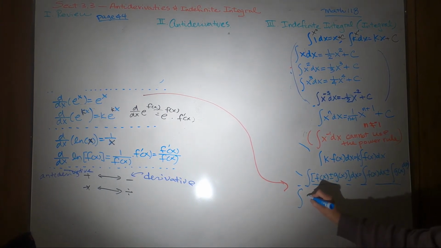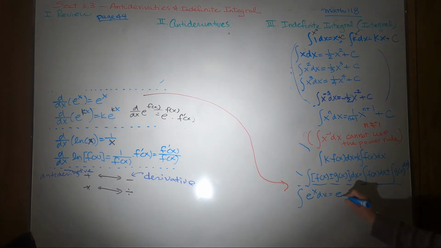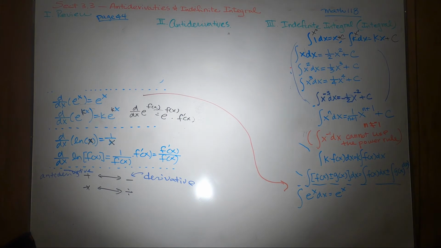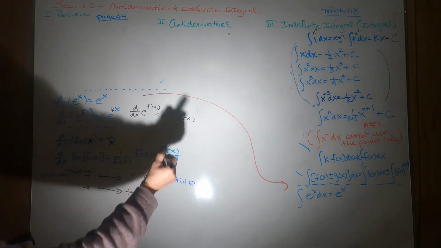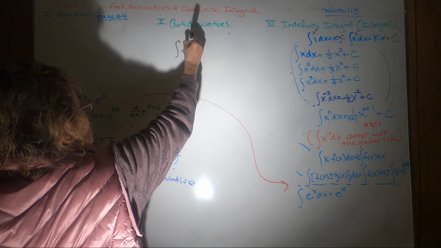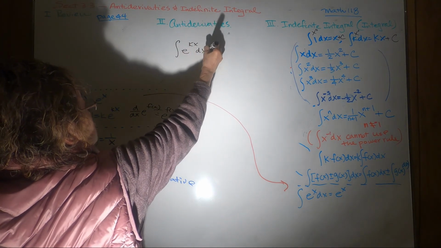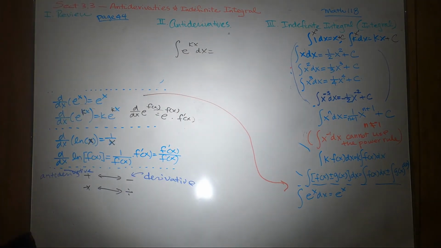If it's e^x, then you just go back to e^x. But what happens to the antiderivative of e to the kx power?